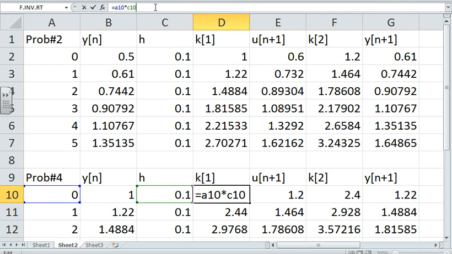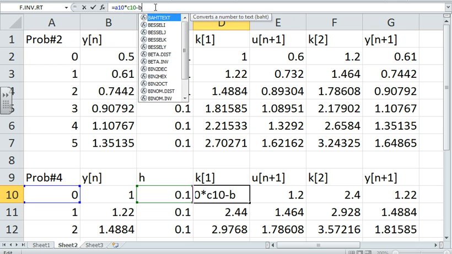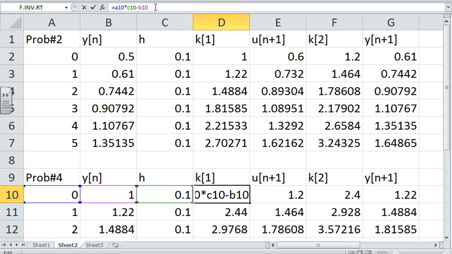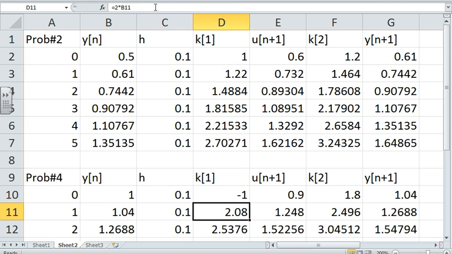So that's my x minus my y, which is B10. Okay, my y n plus 1 is y of n plus h k1. So that doesn't change.